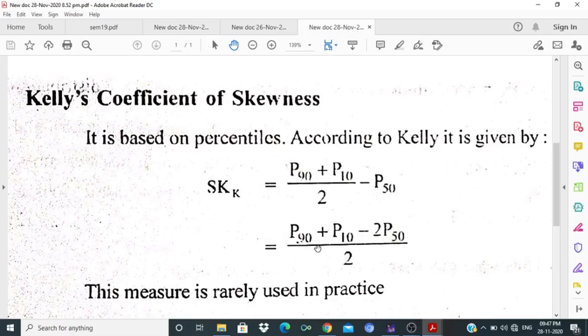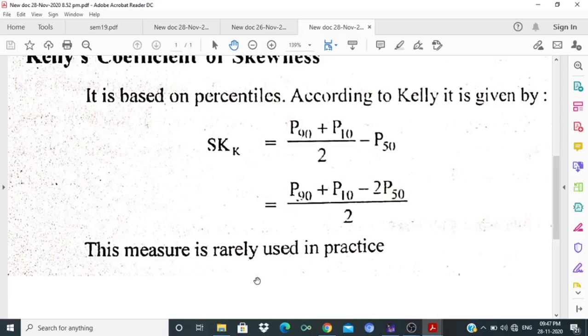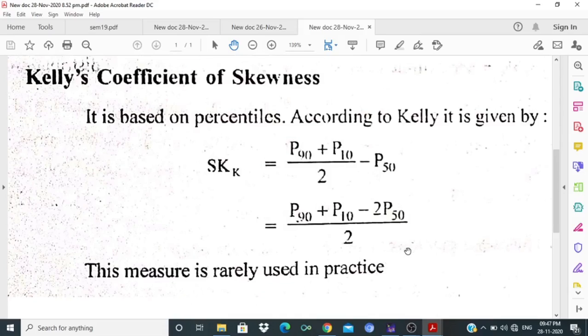This is also given by P90 plus P10 minus 2 into P50, divided by 2. This measure is rarely used. This is the measure of skewness based on percentiles.